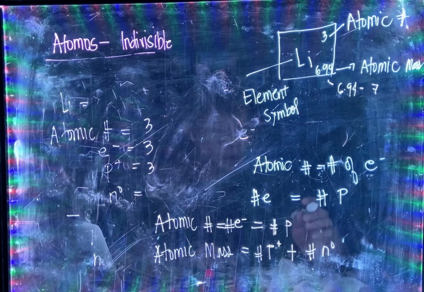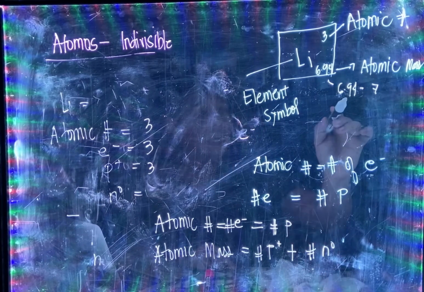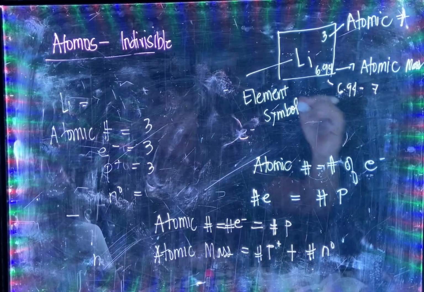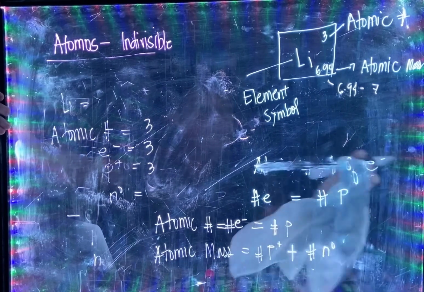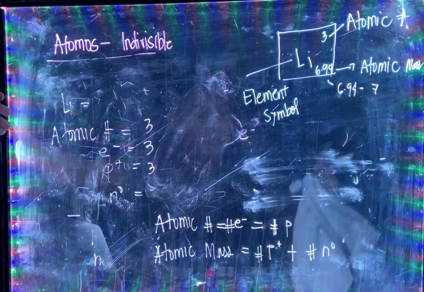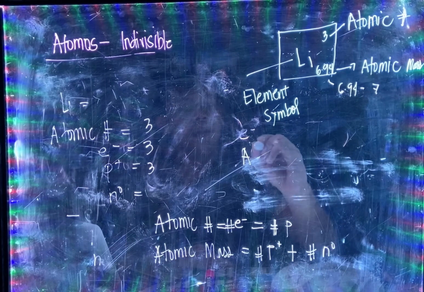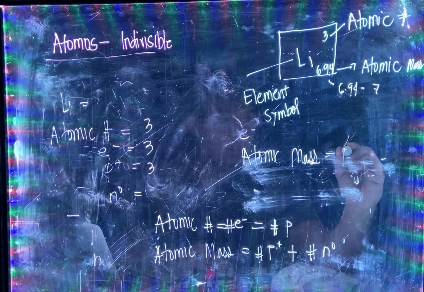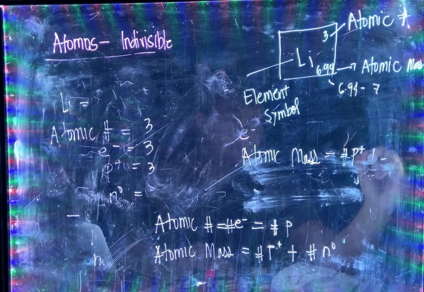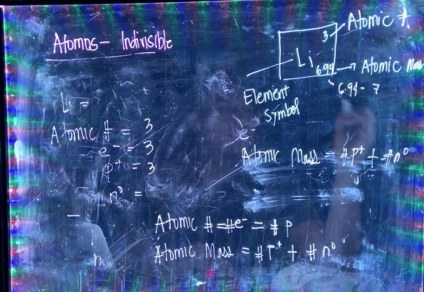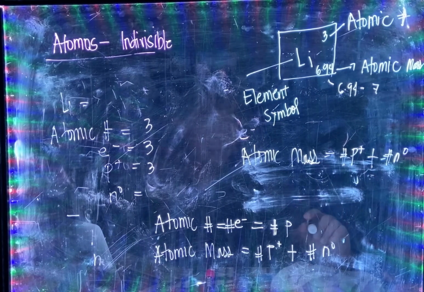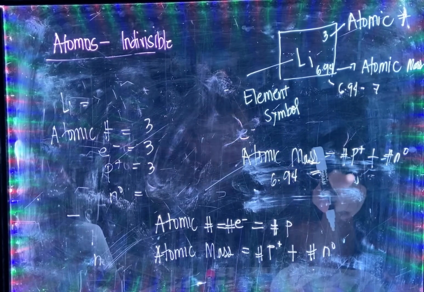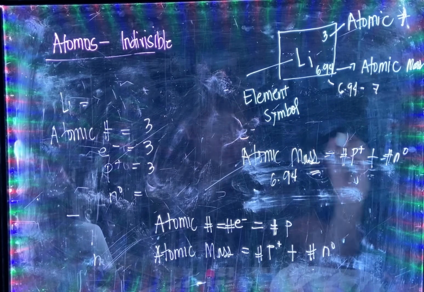So if we are looking for the number of neutrons, we know that the atomic mass is 6.94, right? So atomic mass, we said in our formula, check this one. We say in our formula that the atomic mass is equal to the number of protons plus number of neutrons. Given our atomic mass, which is 6.94, is equal to the number of protons, which is 3.